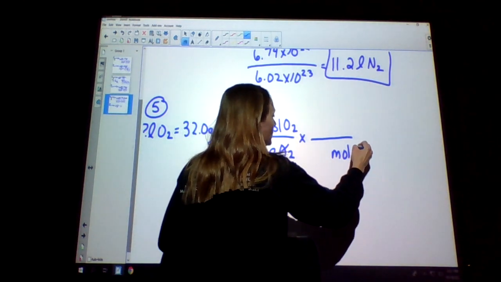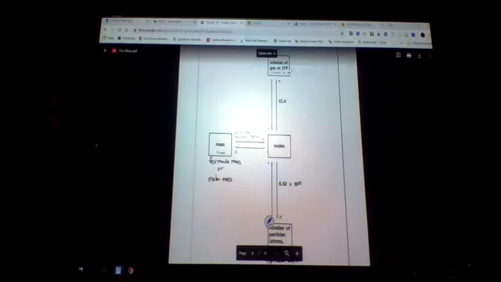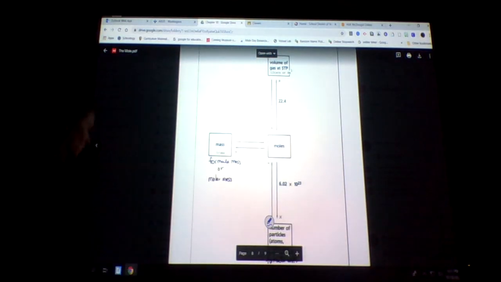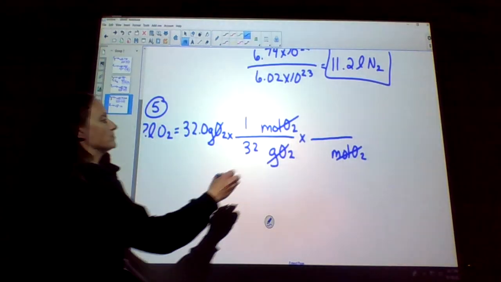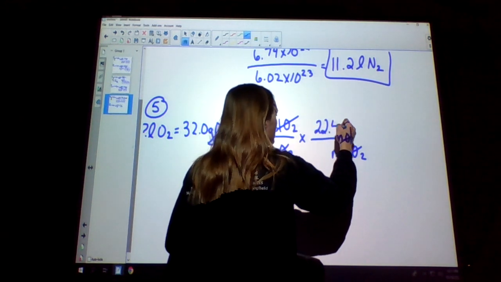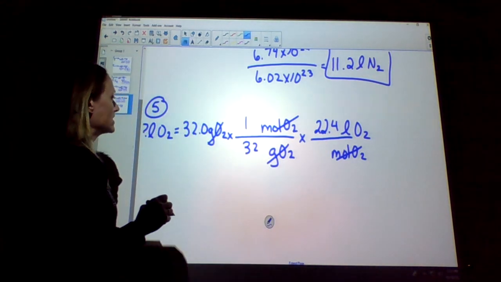So moles will go in the bottom, so moles will cancel. And where are we going to? Well, since we're going to volume, volume or liters will go in the top, and we're going to use the 22.4 to fill in the equality. So 22.4 liters will go in the top.